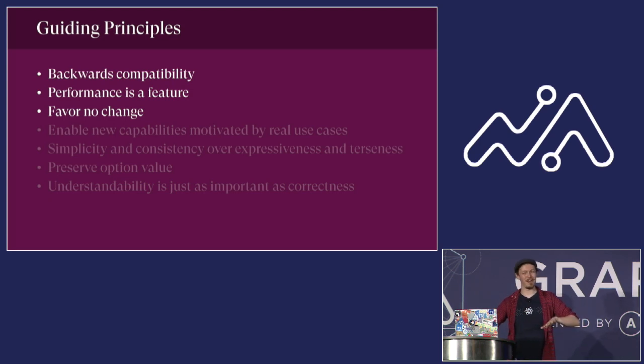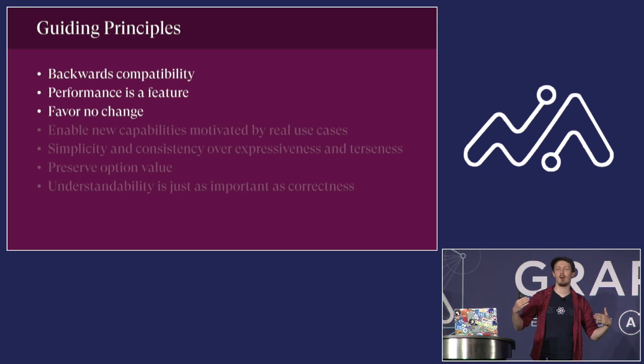Opt to say no in terms of changes, because just like with JavaScript, GraphQL has a ton of implementations in a ton of different languages, and if you can't agree on a specific choice, you should not agree. You should not make that in the spec until it's 100% certain in every single person's mind in the working groups.